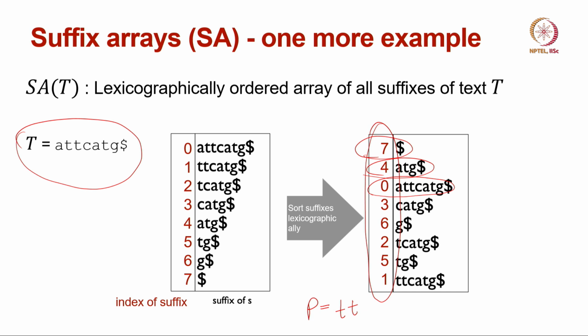What I can do is run a binary search character by character. For example, I can run a binary search of character T using the suffix array.